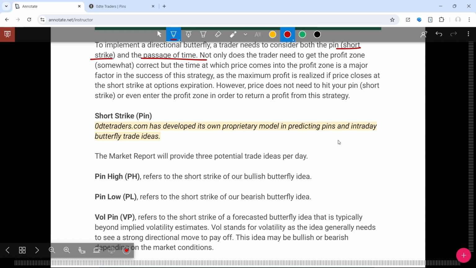We found some success in predicting pins in certain types of markets, such as a positive gamma market where the market tends to exhibit mean reversion behavior, and around option expiration where the market tends to gravitate towards those big gamma strikes. But overall, pin predictability is quite low. Nonetheless, we do provide 3 potential trade ideas every day within the market report.